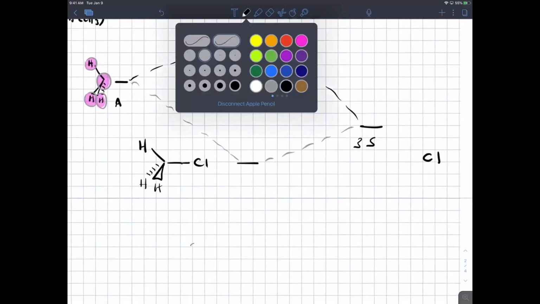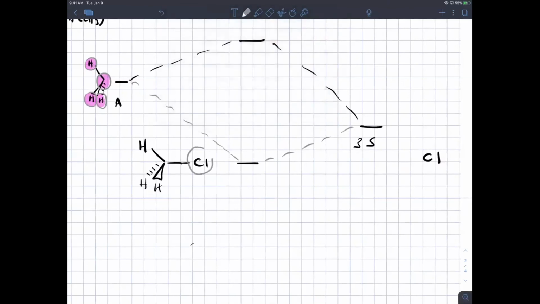So for chlorine, we'll draw an s orbital there, and we'll show a bit more, not a huge amount more, but a bit more of this on chlorine than it is on carbon.